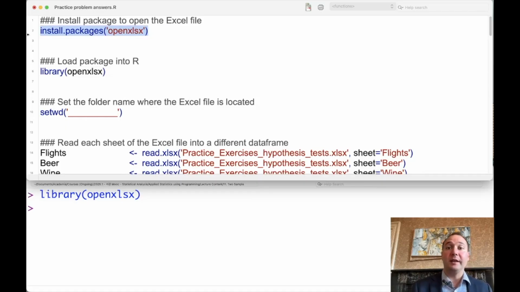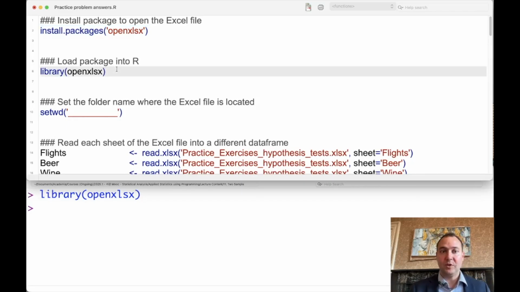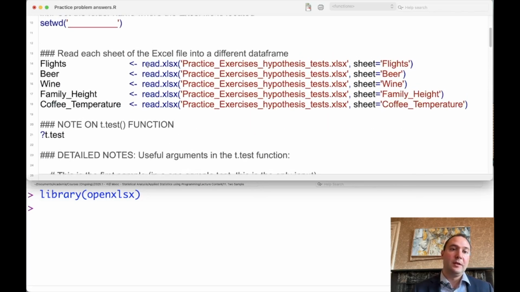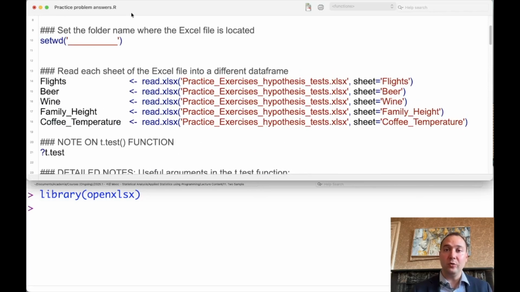If it's already on your computer, we can skip that step and simply load the library into R. OpenXLSX allows us to open Excel files into R directly. So because my code file, this script file, and the data file are in the same folder, I don't need to change my working directory. So I'm going to skip this step as well.